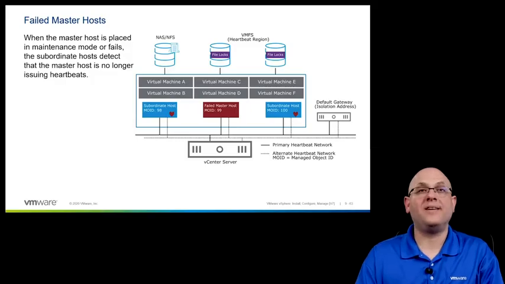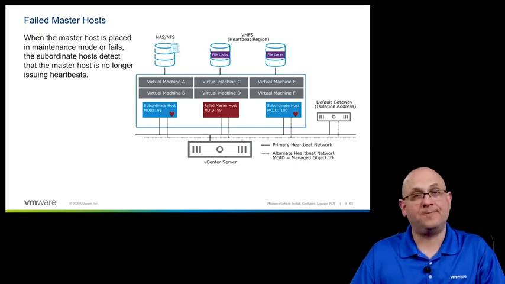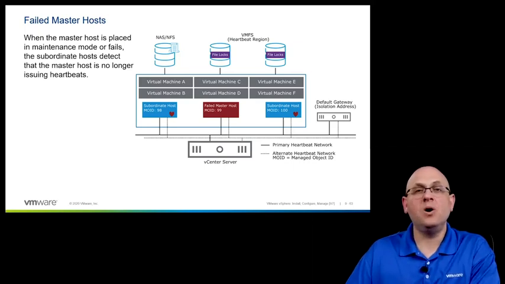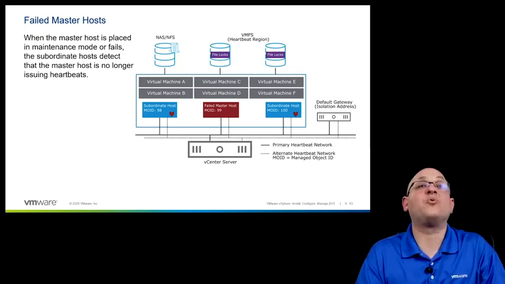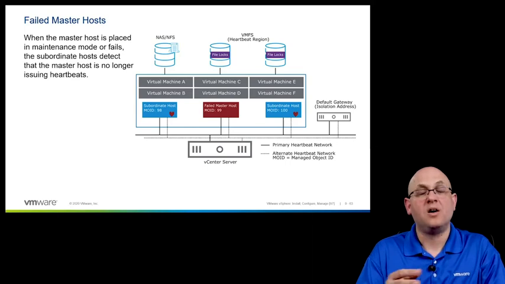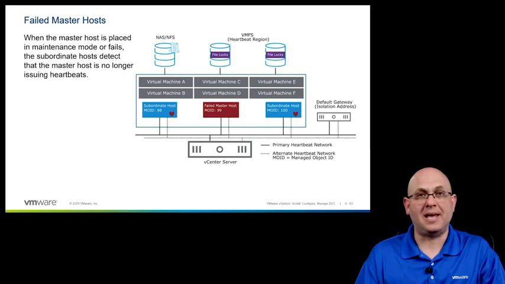When the master host fails, it's a little bit more complicated, because we know that nothing really happens other than responding to heartbeats without the master host directing it. So if the master host has failed, the subordinate hosts will not have received the heartbeat request from the master host. And the subordinate hosts will say, the master host must be dead.